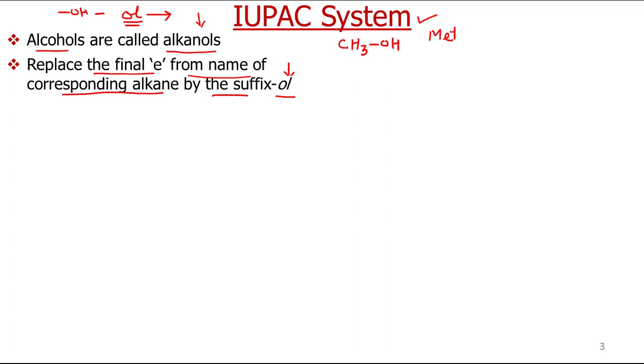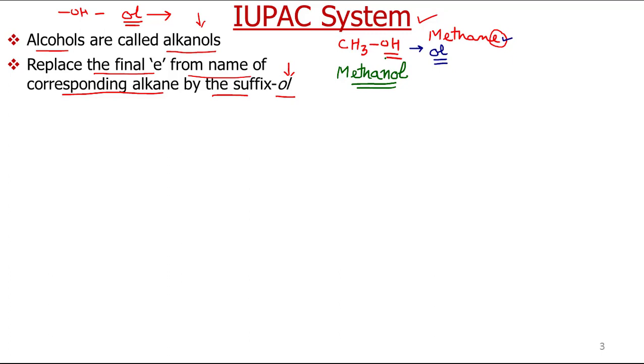It says to replace this e by the suffix of this functional group. The suffix for this functional group is ol. So we have to replace this e by ol, and its name will be methanol.